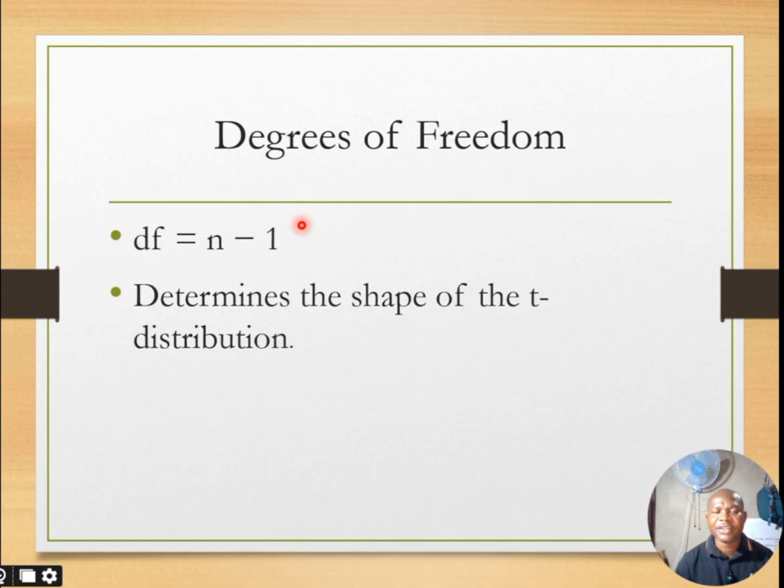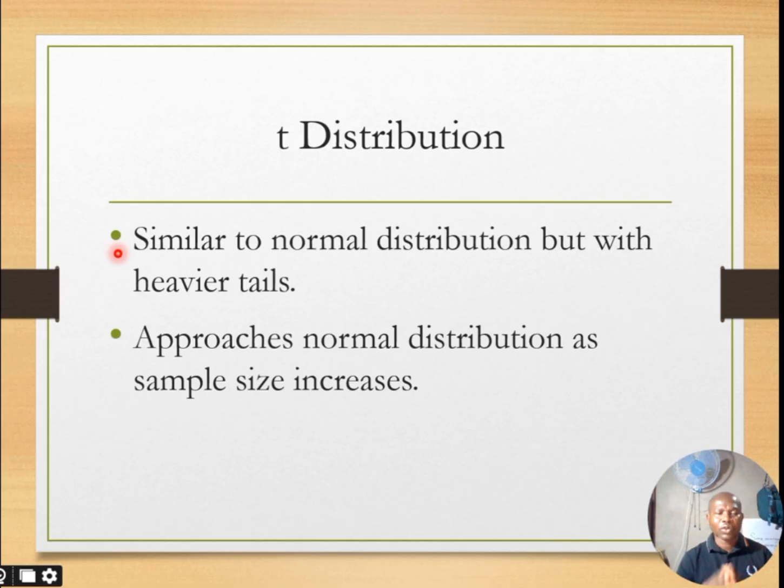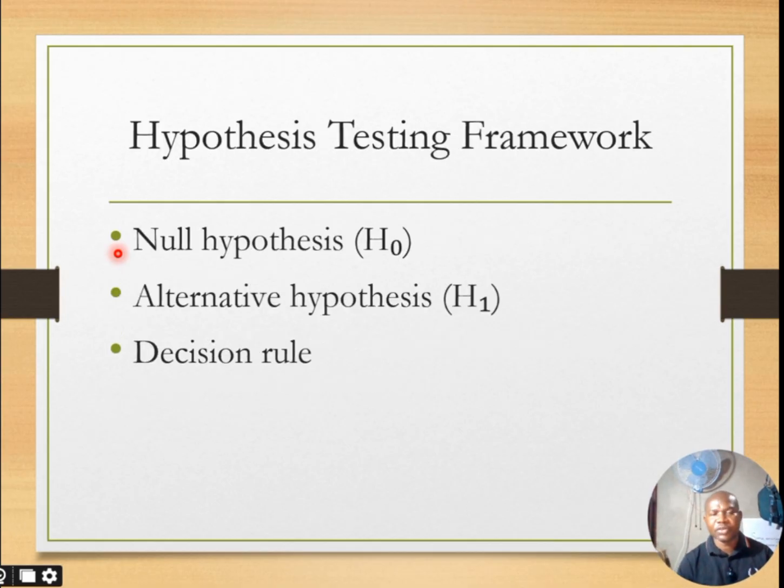The formula for our degree of freedom is n minus 1, where n is the sample size. Let's say we are dealing with a sample size of 25. We just subtract 1 from it, and then we get our degree of freedom. Good. So the t-distribution, again, is similar to our normal distribution, but it usually has heavier tails. And the more the sample size increases, the more it tends towards the normal distribution.